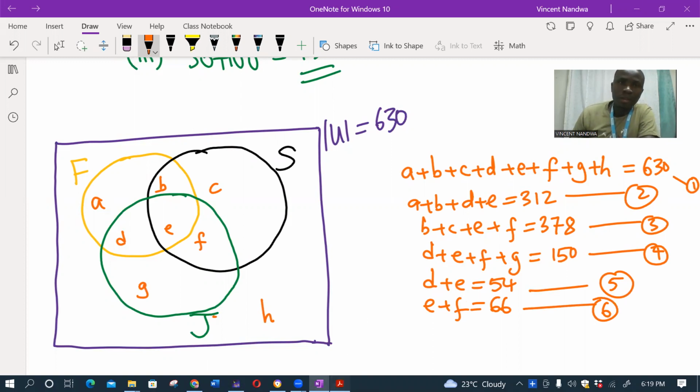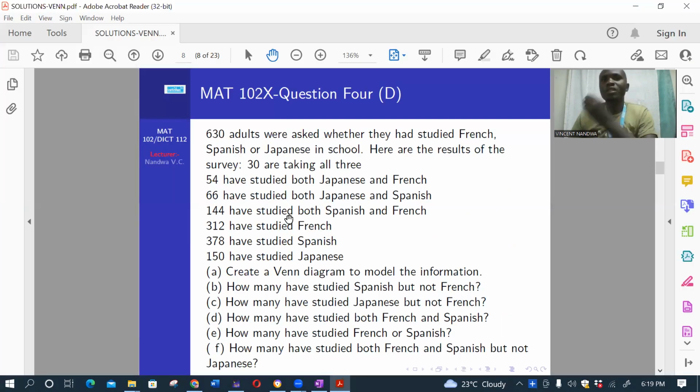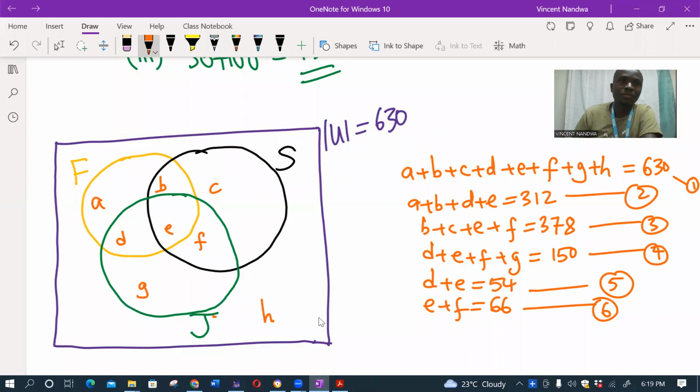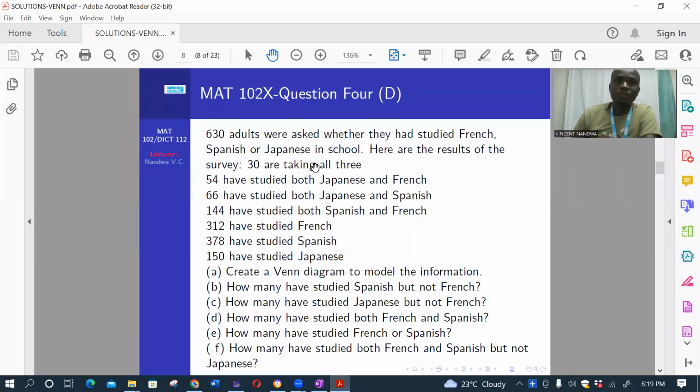And then the other intersection is 144 have studied Spanish and French. SF, S and F, so B plus E should be 144. Call it 7. And the other information given is that 30 are taking all three subjects.